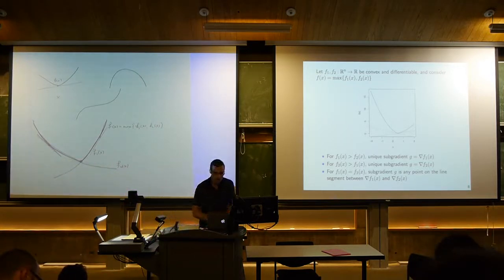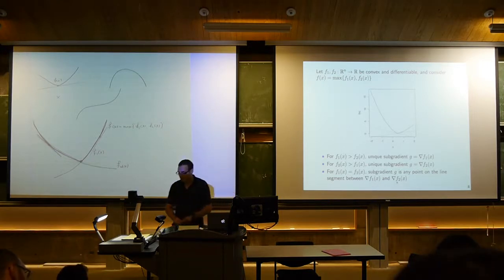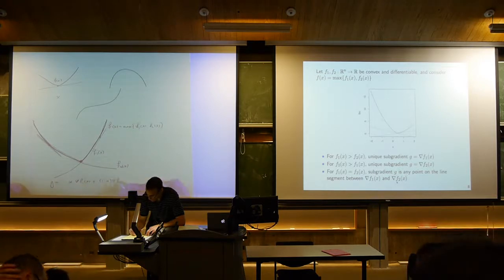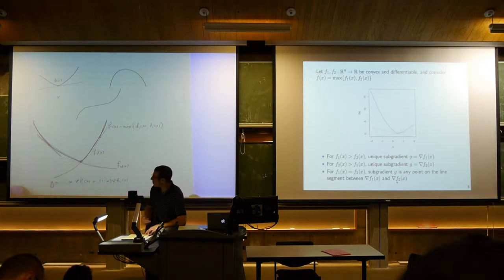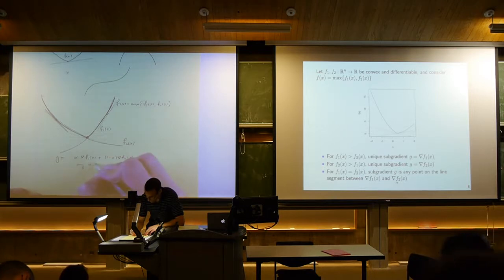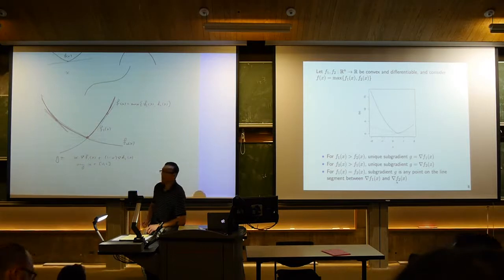In higher dimensions, it's any point on the line segment that joins these two gradients. So in other words, g I can take to be alpha times the gradient of f1 of x plus 1 minus alpha times the gradient of f2 of x. It's any convex combination between those two gradients, for any alpha between 0 and 1. It's a subgradient.